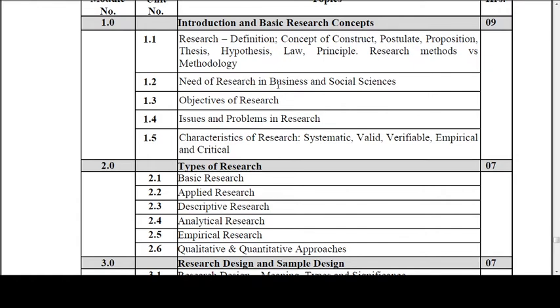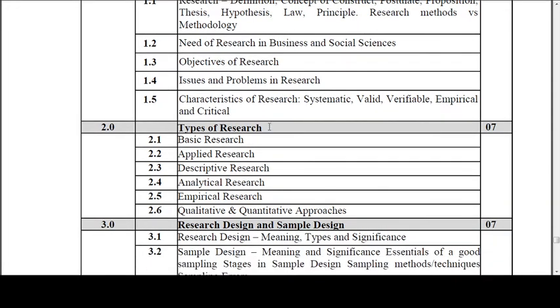Need of research in business, social science and science, objective of research, issues and problems in research, then characteristics of research: systematic, valid, verifiable, empirical and critical. So all basic concepts will be explained in module 1.